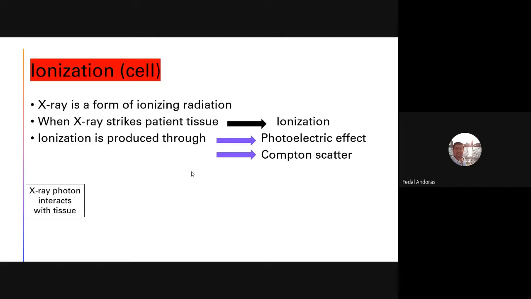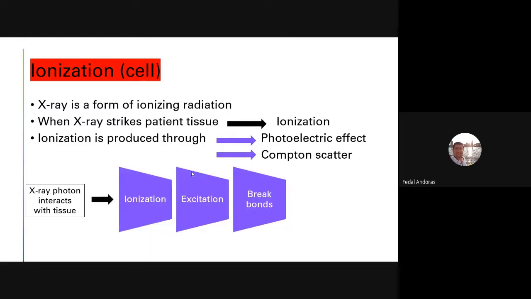So an X-ray photon interacts with tissue. What happens? It may lead to ionization, excitation of the atoms, and break bonds of these atoms. What will be next? There will be chemical change. You have the chemical composition of any atom, of any cell, or any molecule.